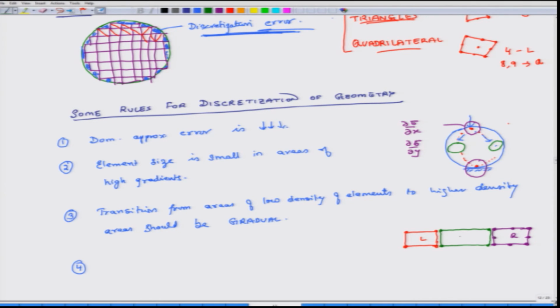One option is to use an element called a transition element. These are special elements having quadratic variation at one edge and linear variation at the other edge.